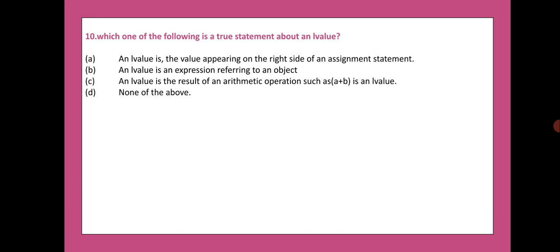Historically, the L stood for left, meaning that an Lvalue could legally stand on the left of an assignment statement. Now, only a modifiable Lvalue can legally stand on the left of an assignment statement. That means an Lvalue is an expression referring to an object only. So hence the answer should be B.